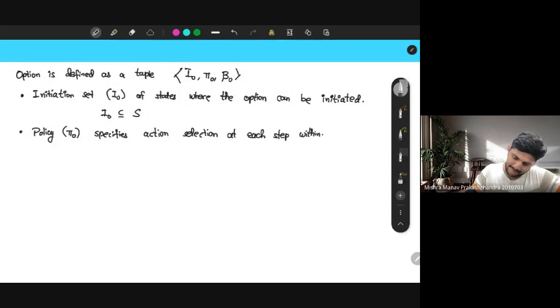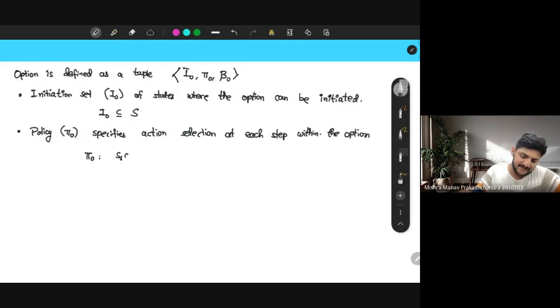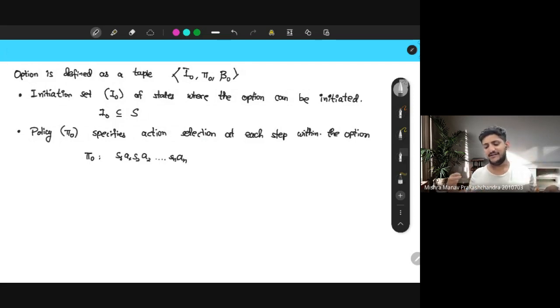So pi_o could be a sequence of state action pairs. Whatever state I encounter within the option, pi_o gives me a policy to select the action for that particular state. And finally, you have the termination condition.